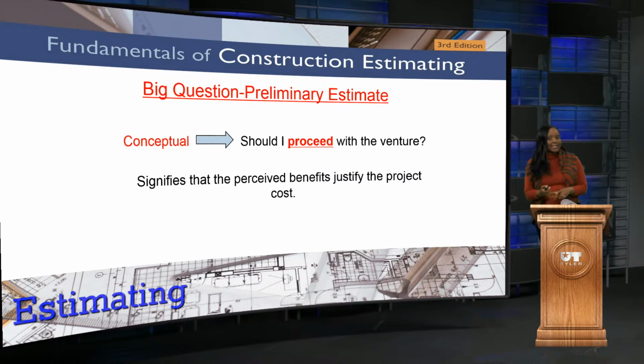Here we need to ask ourselves the question of, should I proceed with the venture, okay? And this might be an area where people might back out, and you may have this great idea, but if it doesn't work with the owner, they might just decide, no, I think that we need to look into something else. But it does signify that the perceived benefits really do justify the project cost.